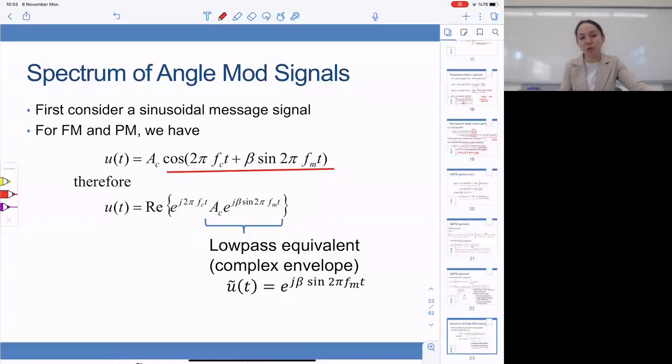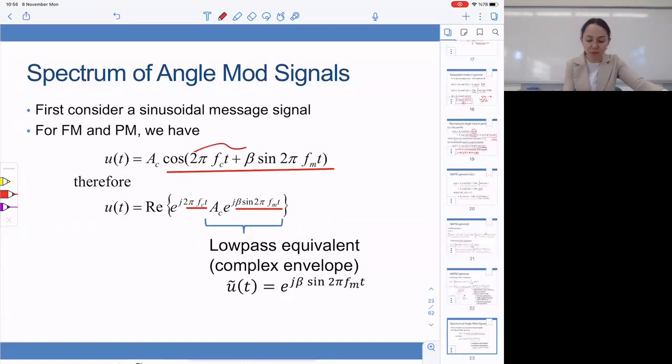What is the phase, I'm sorry, of our complex exponential? 2 pi fc t plus beta sine 2 pi fm t, right?